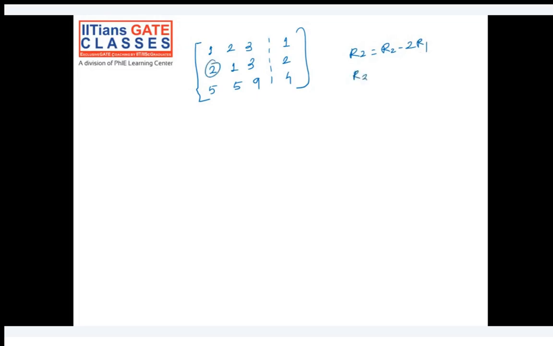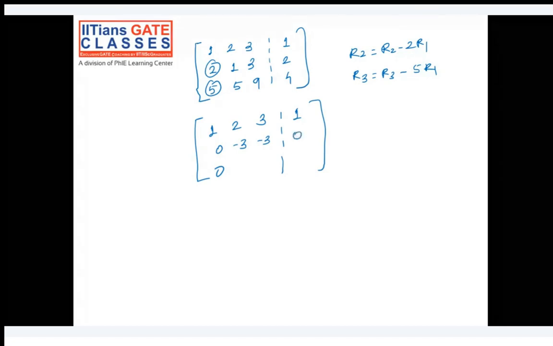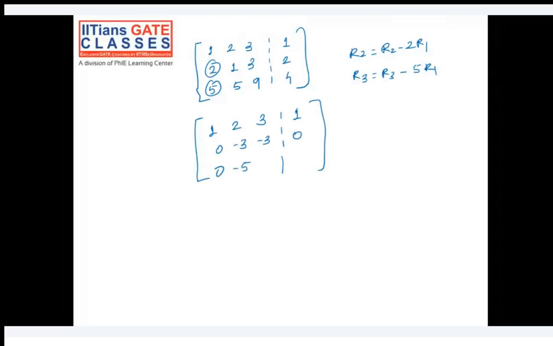What will we get? 1, 2, 3, then 1, 0, 0. 1 minus 4 is minus 3. 3 minus 6 is minus 3. 2 minus 2 is 0. 5 minus 10 is minus 5. 9 minus 15 is minus 6, and 4 minus 5 is minus 1.